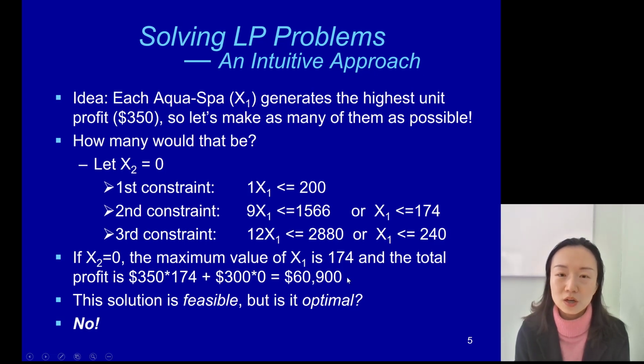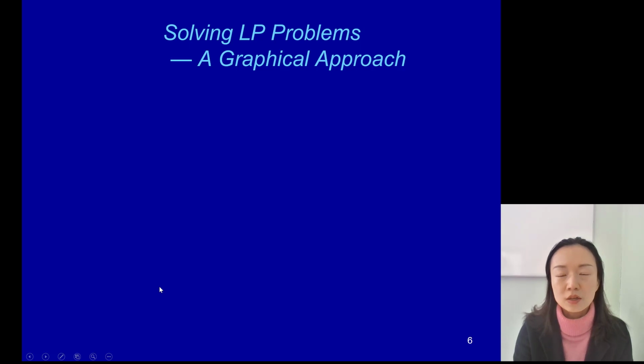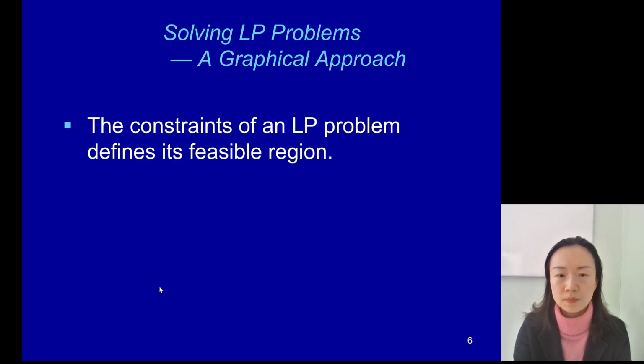So there must be a combination that gives us a better objective function, which is a better total profit than just producing the Aqua-Spas that makes the most unit profit. Okay, so let's talk about how do we solve this problem using a graphical approach.